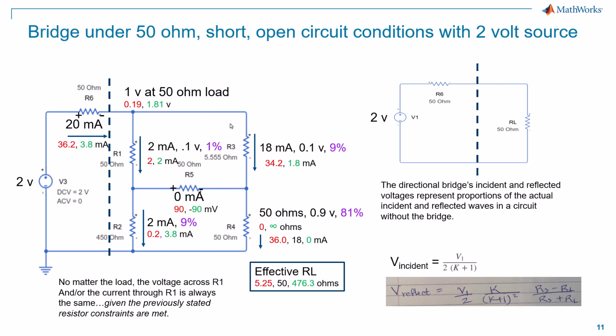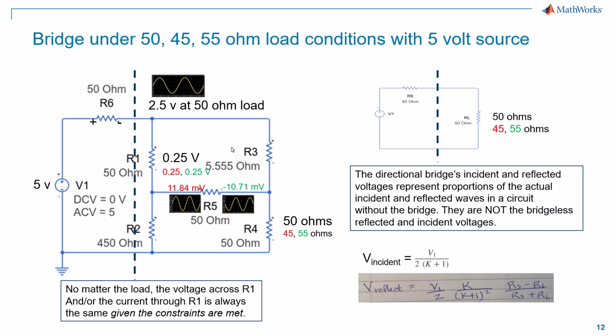In the next slide, which we're not going to say much about, I'll go into the demo soon. This is supposed to denote a 5-volt AC signal, 5-volt peak. I didn't indicate that very well schematically. And instead of going between open and short, I just said, let's make the load a little smaller than 50 ohms and a little larger than 50 ohms, so plus or minus 5.